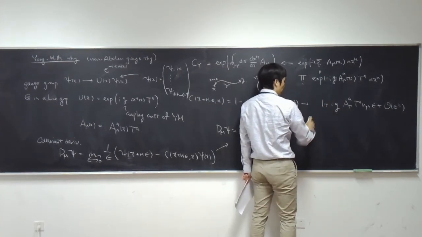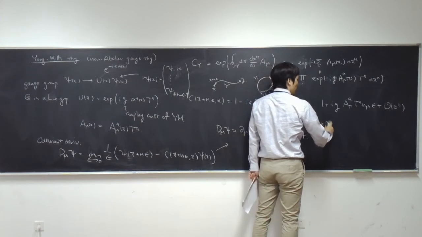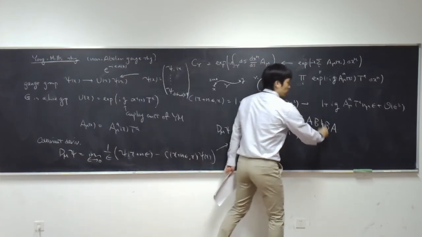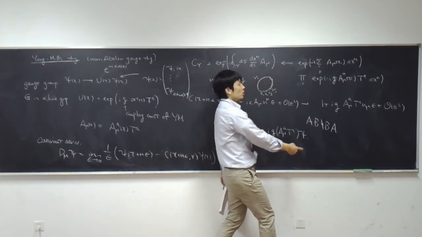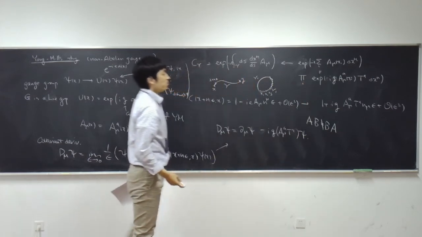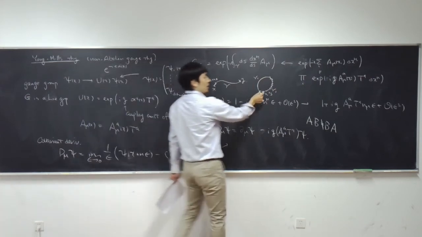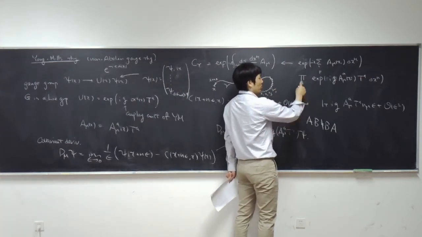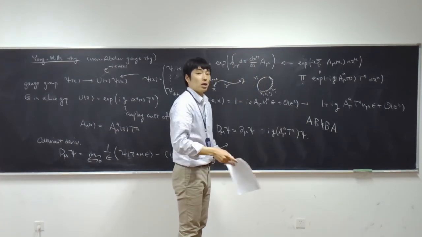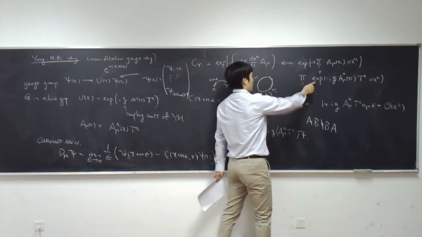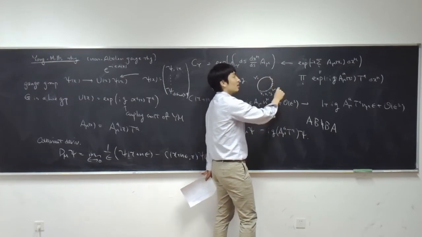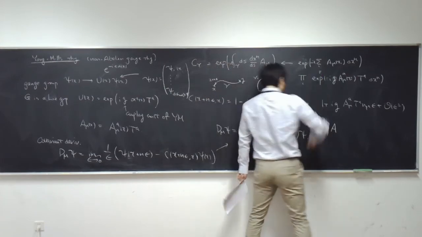As you know, for numbers A times B equals B times A, but that is no longer true if A and B are matrix valued. So you have to be careful about how you multiply them together.